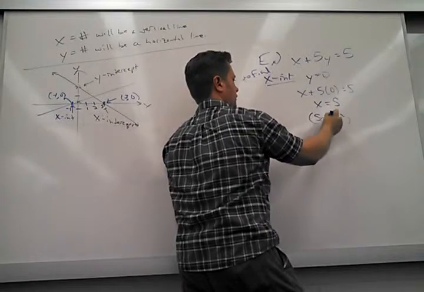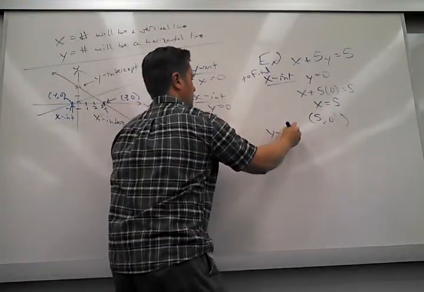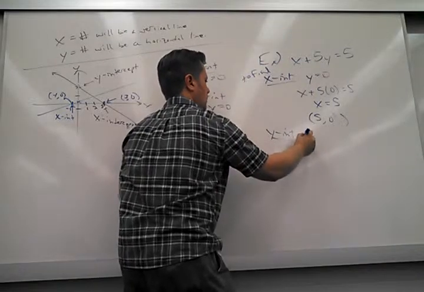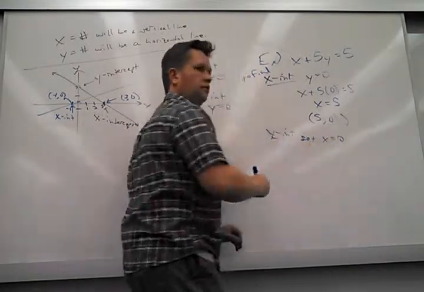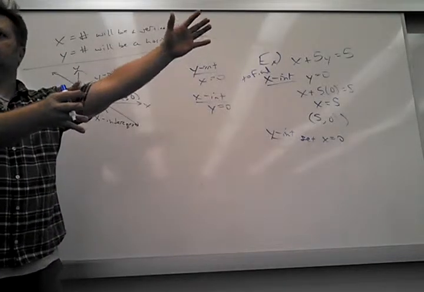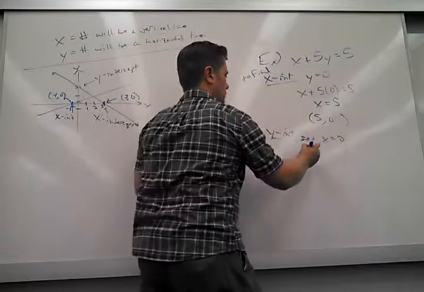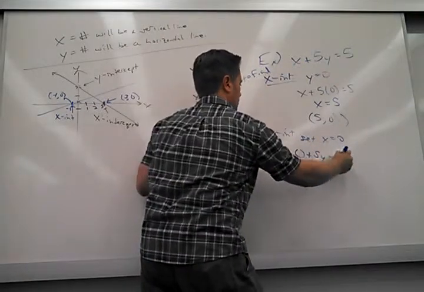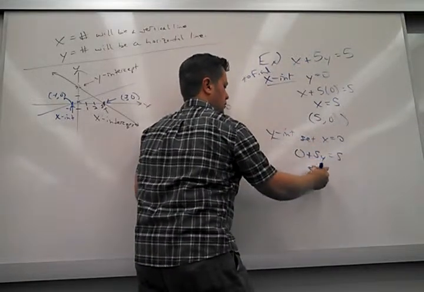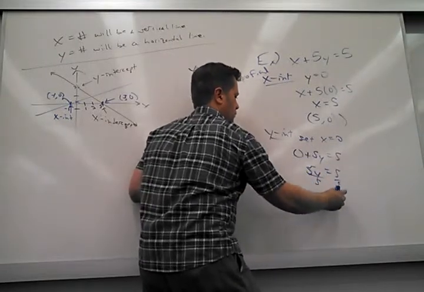So what point is that? Careful. Y is 0. So how do I find the y-intercept? Set x to 0. That's cool. To find one intercept, you set the other letter to 0. So to find the y-intercept, set x to 0, what would I get? Divide by 5. Y is 1.